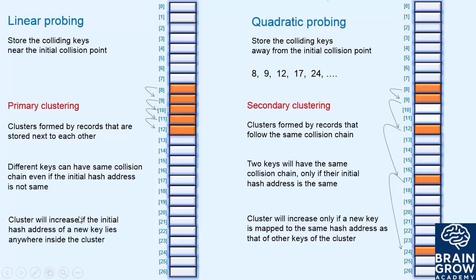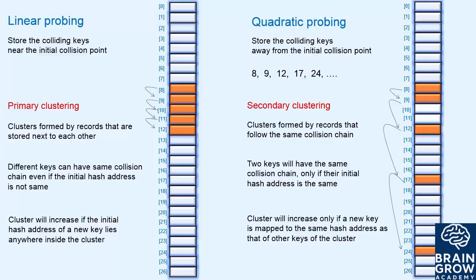In primary clustering, the cluster size would increase if the initial hash address of a new key lies anywhere inside the cluster. So this cluster will grow if any key is mapped to location 8, 9, 10, 11 or 12, and this cluster will grow only if a key is mapped to location 8.